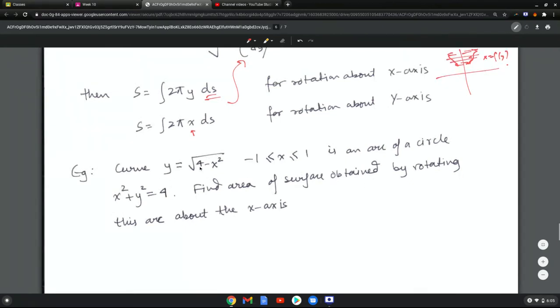Now this curve, y equals square root of 4 minus x squared, between x negative 1 and 1, represents an arc of a circle, with points 2, 0 and negative 2, 0. But then we only want x to be from negative 1 to 1. Negative 1 to 1 would be somewhere here.